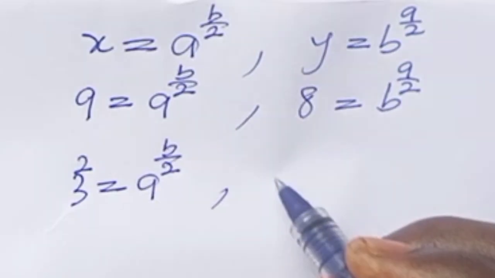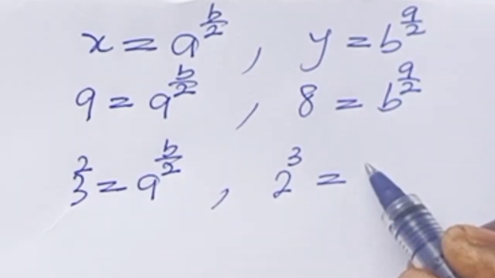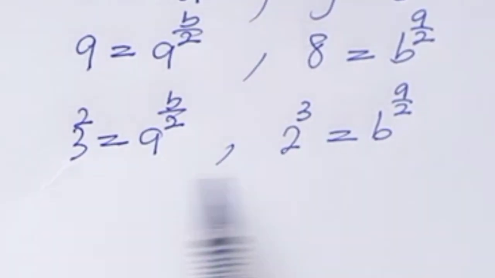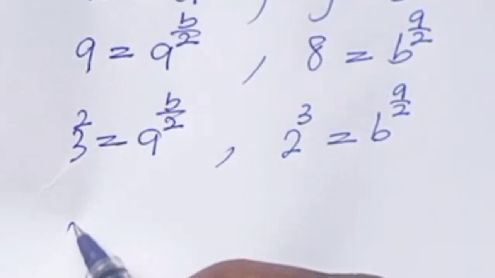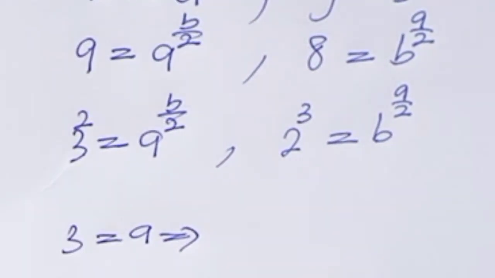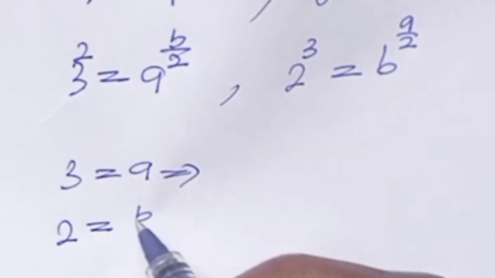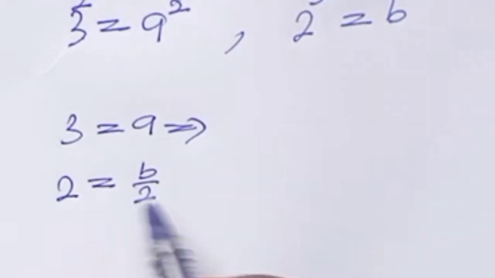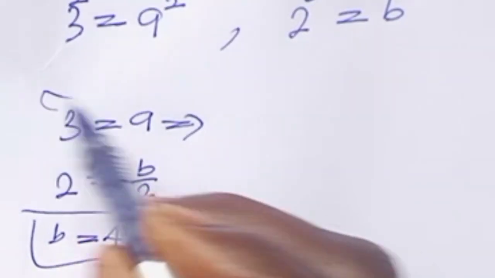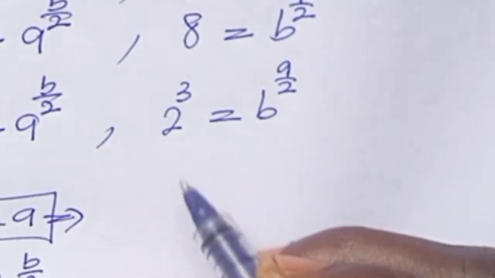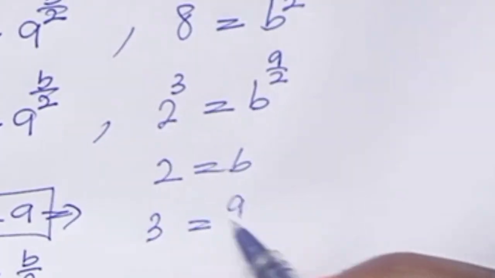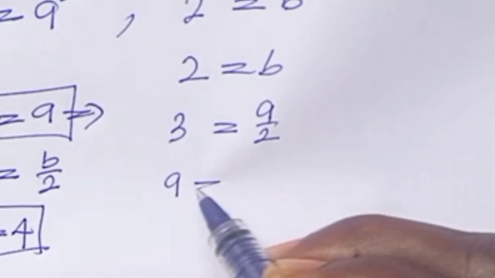And 8 can be transformed as 2 to the power of 3, which is also equal to b to the power of a over 2. Here we can equalize the bases and also the exponents. That is, if we say 3 is equal to a, that means 2 is equal to b over 2. From here, b will be equal to 4. And again here, if we say 2 is equal to b, that also means 3 is equal to a over 2, so that a is equal to 6.